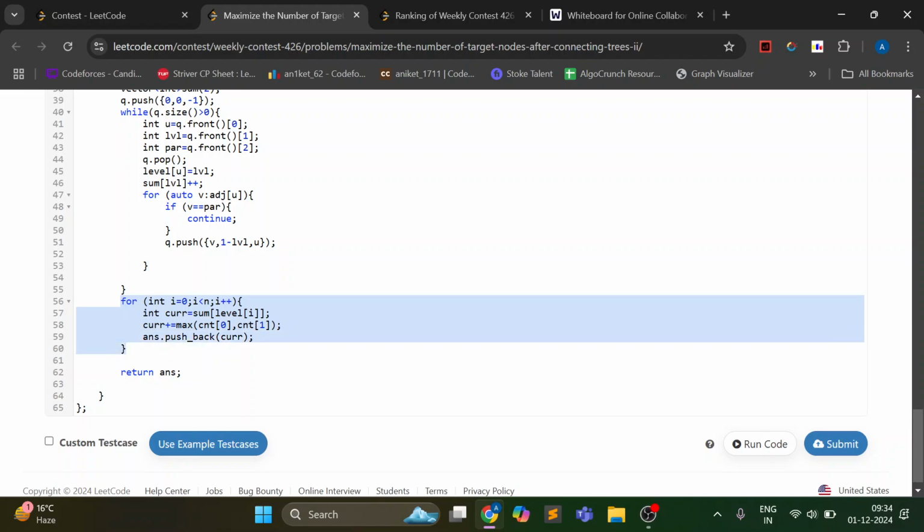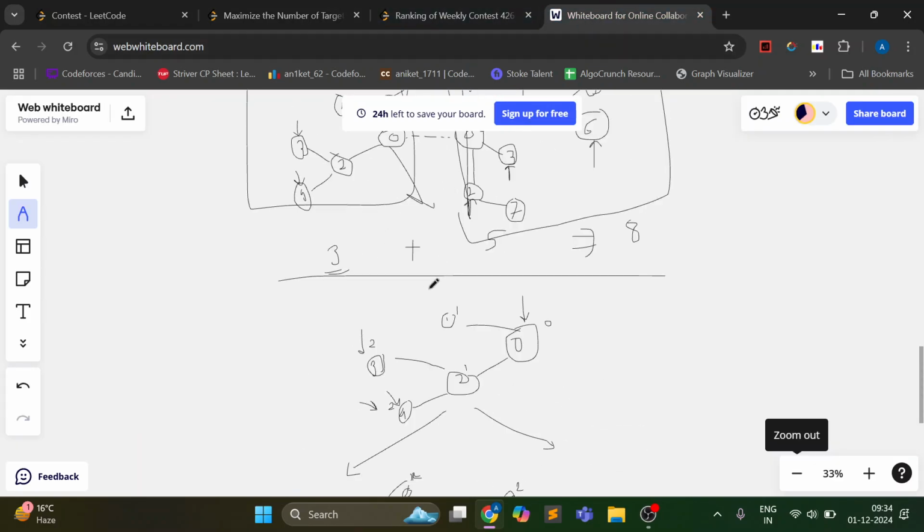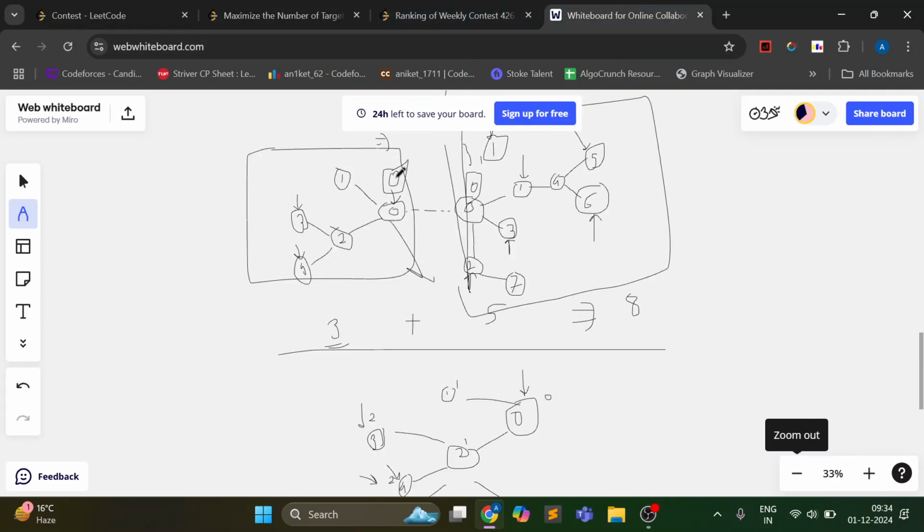Now I will iterate over 0 to n. I will first find the total number of nodes of that level's parity. So for 0, I will find the total number of nodes which have the same level parity as 0. 0 here has 0 parity, 3 and 4 also have 0 parity. So the contribution of that 0 would be 3.